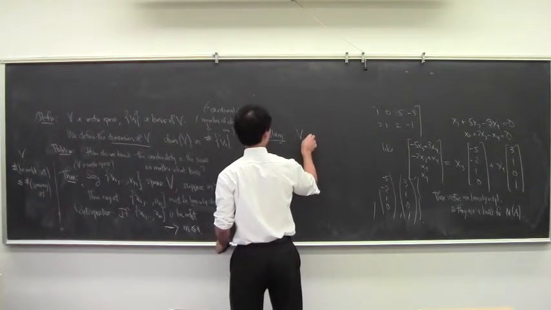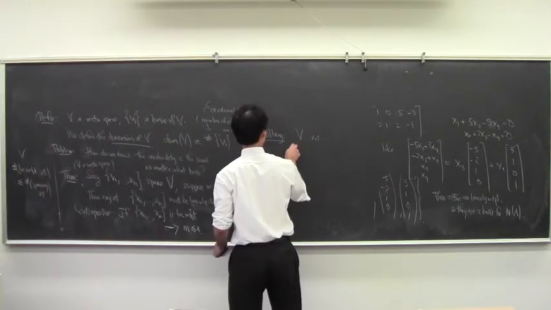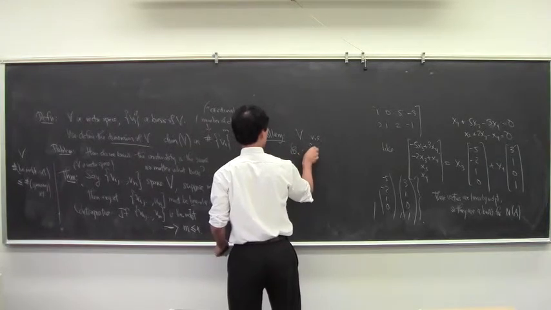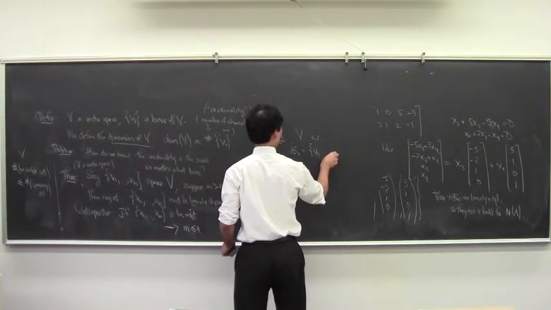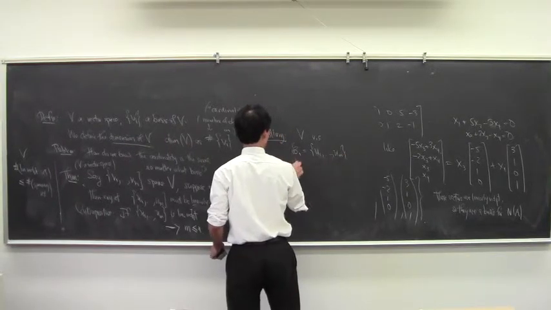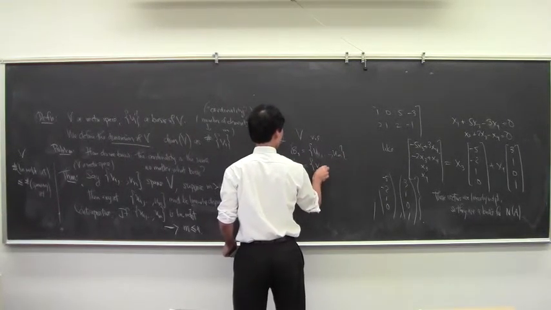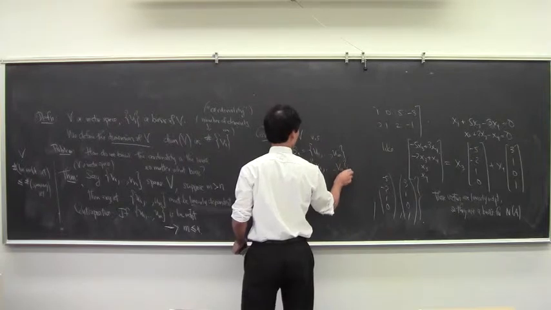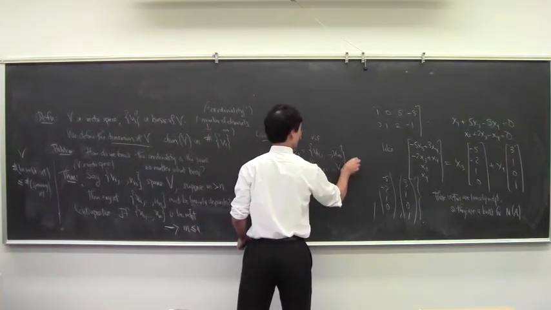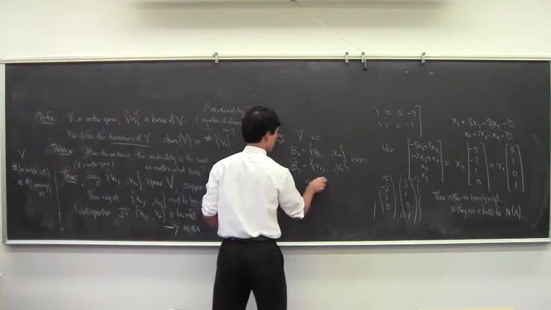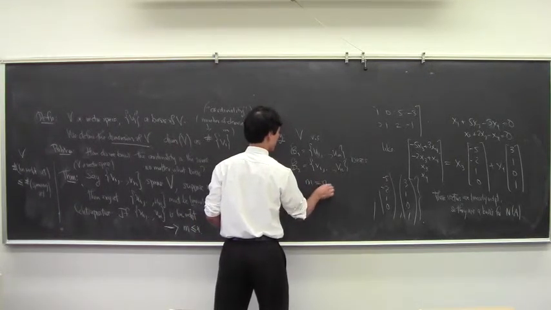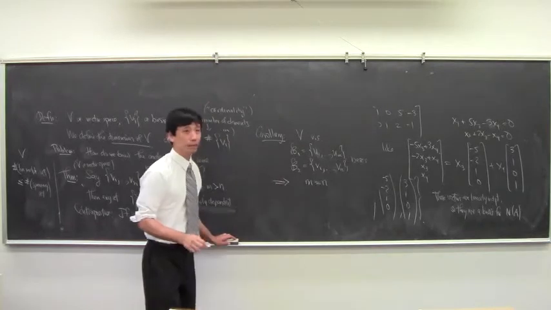right, if V is again a vector space, and you have one basis V1, say U1 to UM, and you have another basis V2, which is V1 through Vn, both bases, then M has to be equal to N. Right.